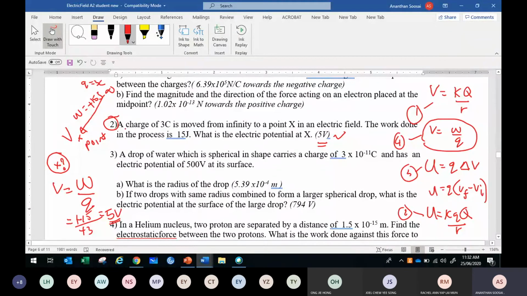If you don't have a problem with 2, think about 3 now. I give you 1 minute to do 3. Give it a try. Use this formula for 3.